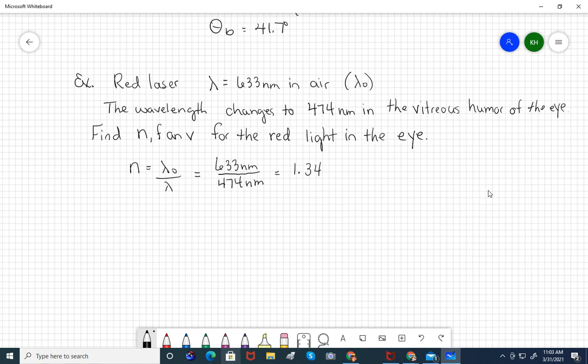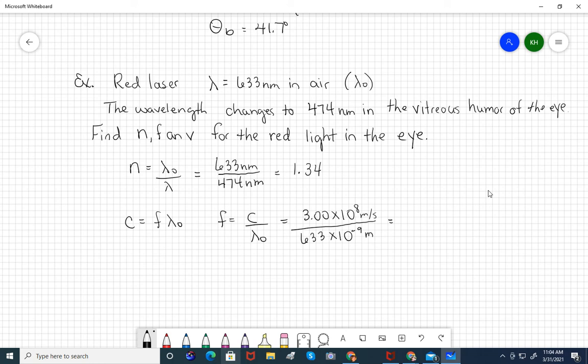The frequency of the light, f, we can just use c equals f lambda 0. We know the frequency is the same regardless of whether we are in air or in the eye, so we can just pick one of those to use. So frequency is c over lambda 0. So 3.00 times 10 to the 8th meters per second over 633 times 10 to the negative 9 meters.